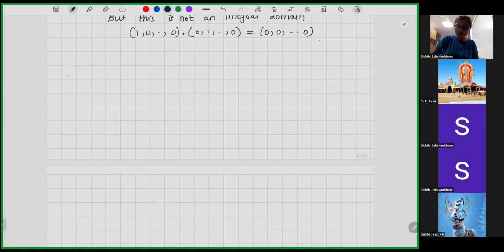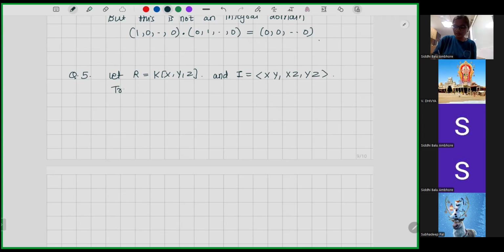Okay. So we'll move to the next question. Now let R be K[X, Y, Z], so it is a polynomial ring. And I is the ideal generated by XY, XZ, and YZ.